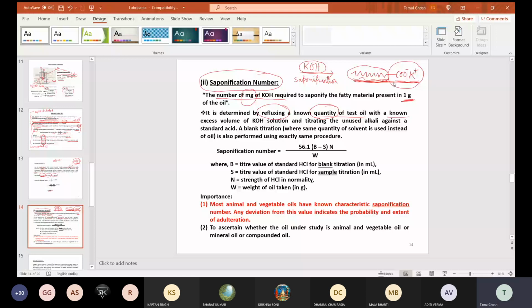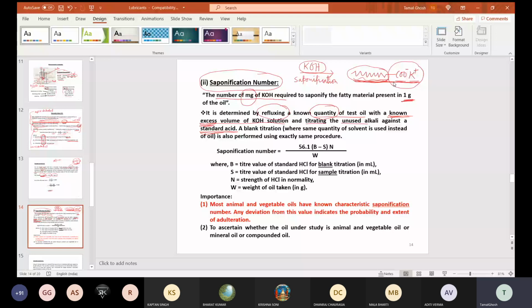Saponification is happening there and the KOH is in excess. KOH reacts with the oil, and the excess KOH is unreacted. That unused alkali is titrated against a standard acid, an acid whose normality is known to us.